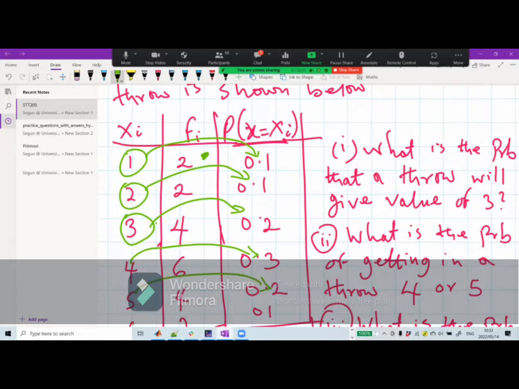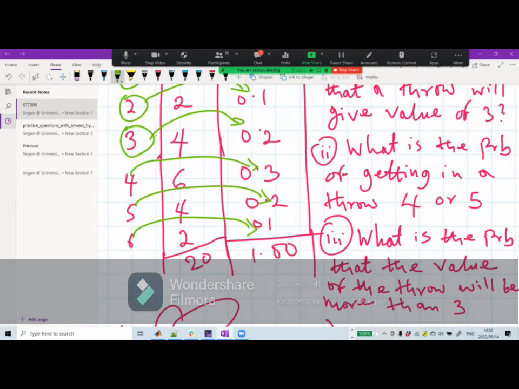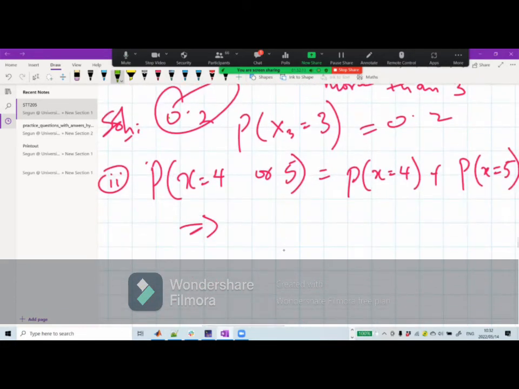Are you getting it now? Just do it like this in your notes. So it's going to be 0.3 plus 0.2. That's all. Now, the third question says what?